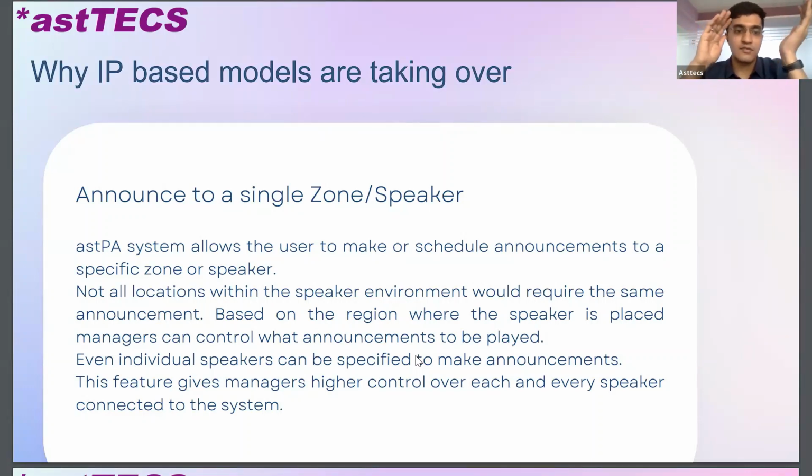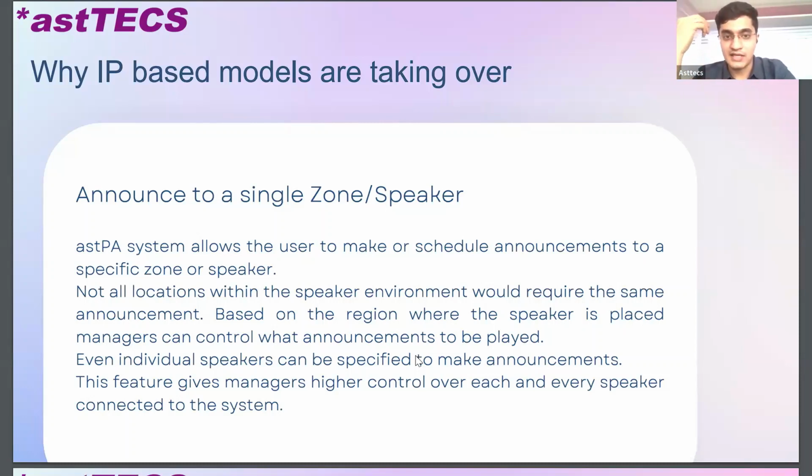You cannot have a structure or a model where you can do both functionalities. So when setting up the system, you have your speaker, and maybe your speaker is directly connected to the announcement controller, or you have a group of speakers connected to the amplifier, and then the amplifier is connected to the controller.